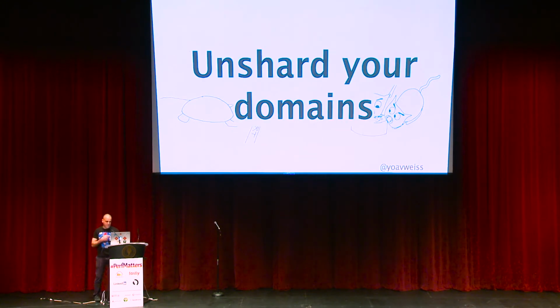So the immediate solution for that is to avoid domain sharding, which used to be a best practice for HTTP 1.1 to increase parallelism. It's also a high contributor to bandwidth contention, and with H2 we don't really need that. So whenever you can unshard your domains, that is the best way to go.